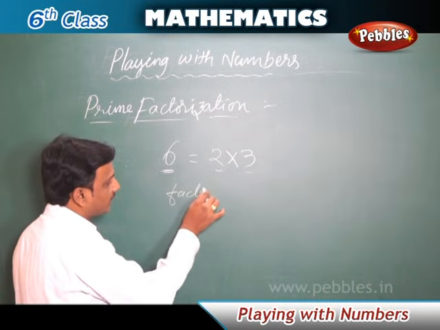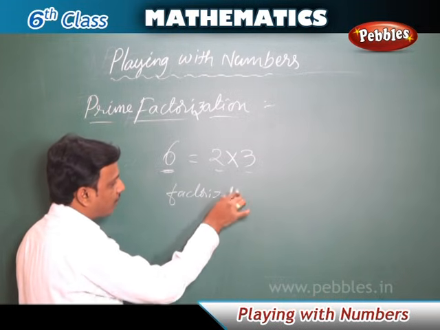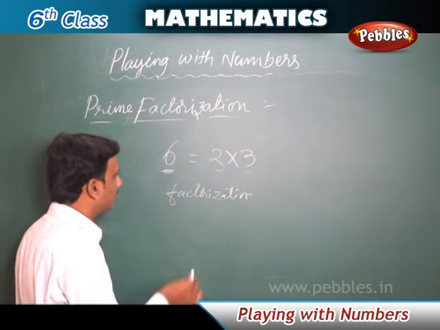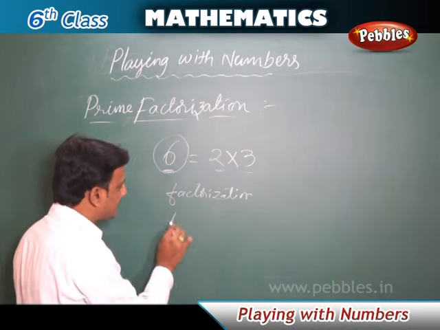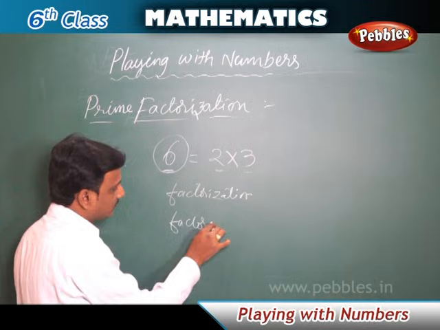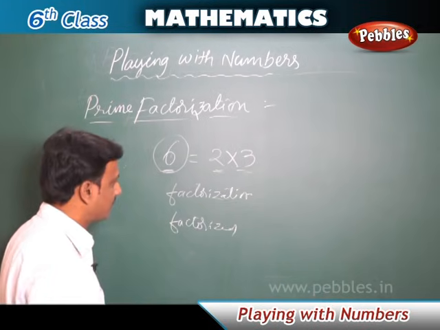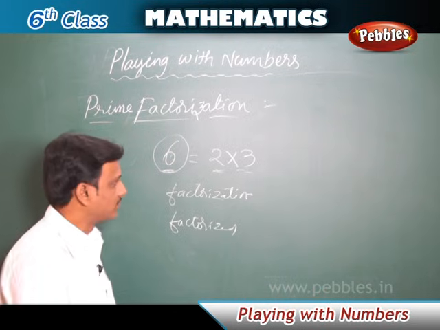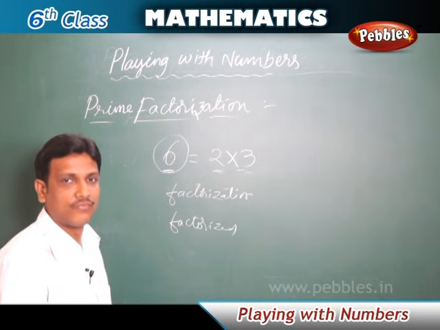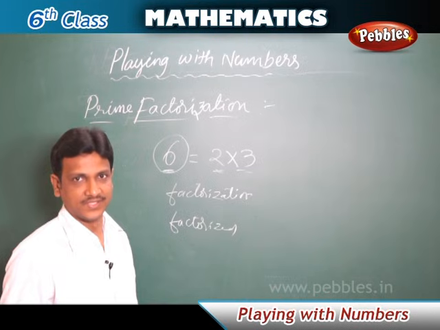So here factorization of 6 is done. So now we can say that 6 is factorized, because we have written the factors for 6. This process of writing the factors of a number is called factorization.